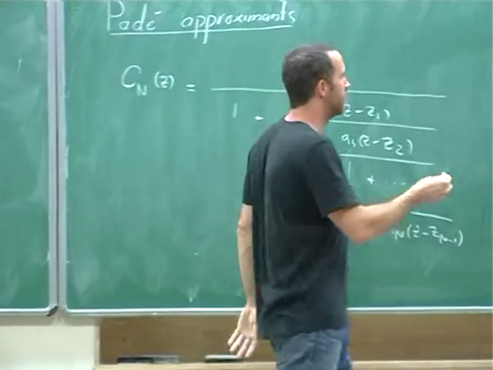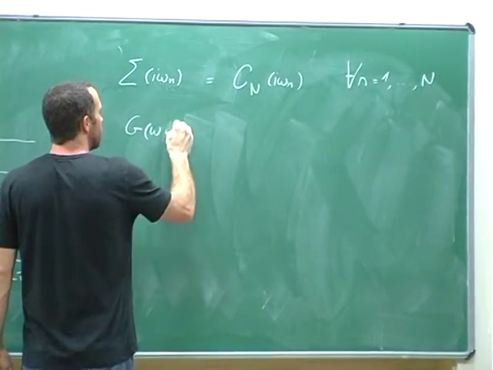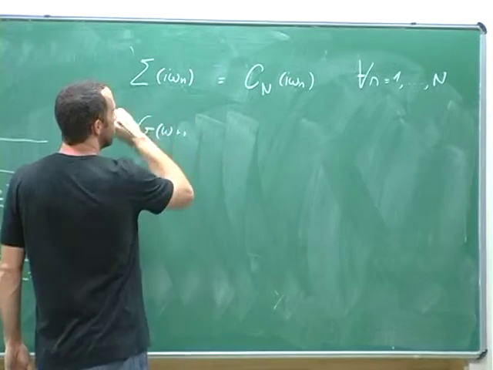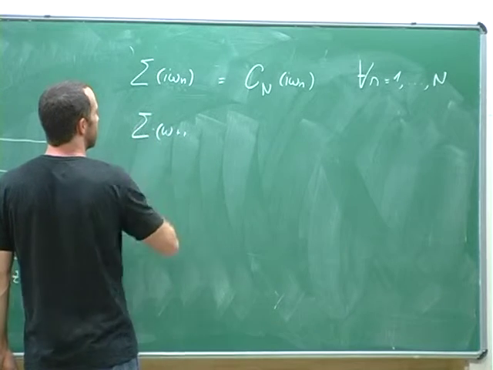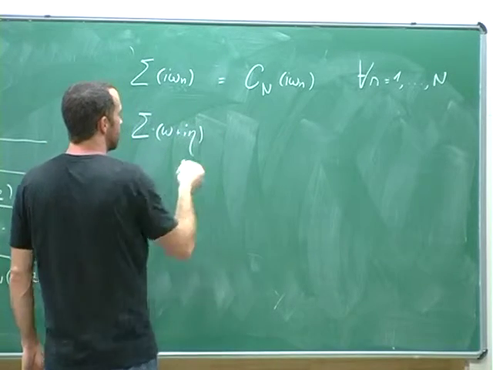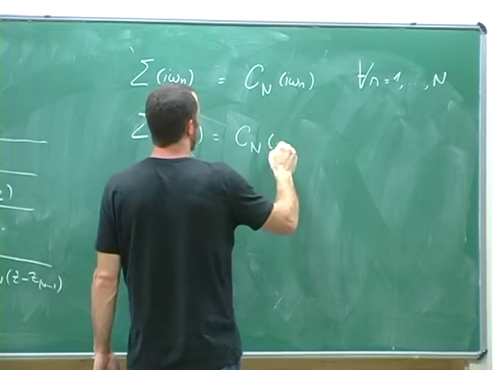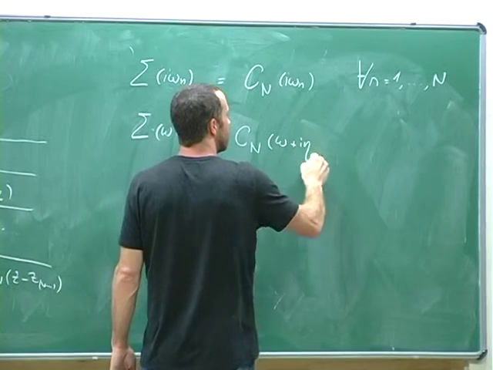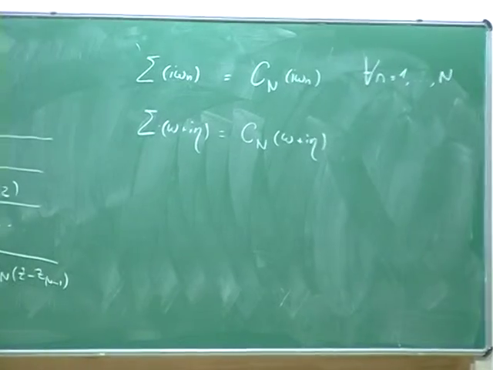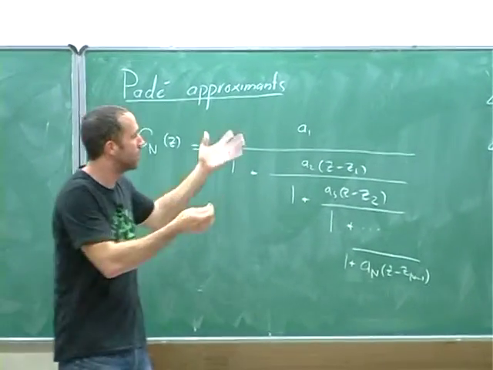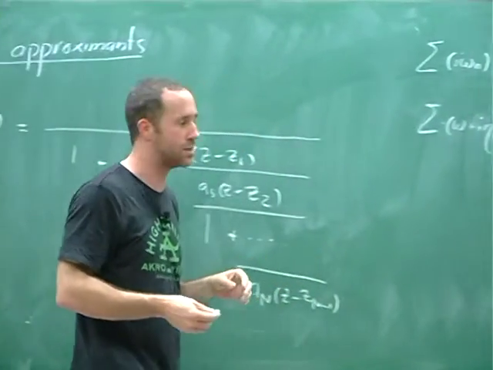Then I just get the spectral function, or G, or sigma, just above the real axis, by evaluating my Pade approximants there. If I have the information about a1 to a_n, I can compute this anywhere. This is how I get the spectral function, or the Green's function, or the self-energy along the real axis.